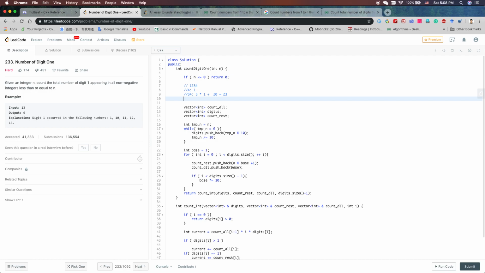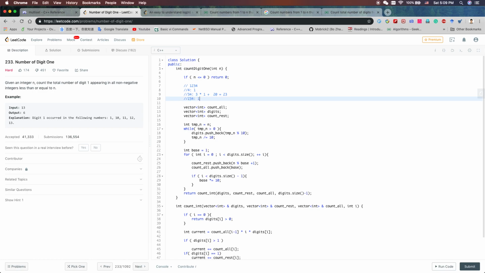After that we continue to consider 234. We follow the same steps as we do for 34. We first calculate how many numbers contain digit 1 in 34.